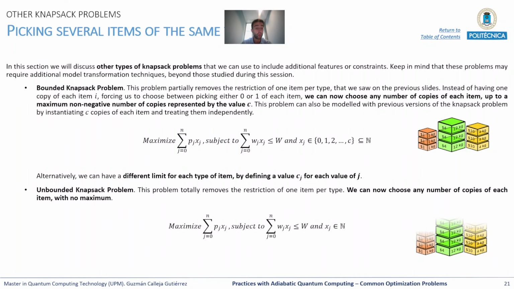In this case, we cannot do the trick that we said before of making each of them a binary variable, because we would have infinite binary variables. So we need to model it as a problem with integer variables. And that's different than what we've done until here.